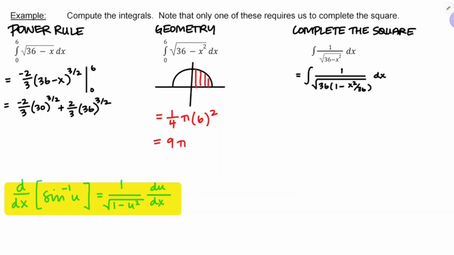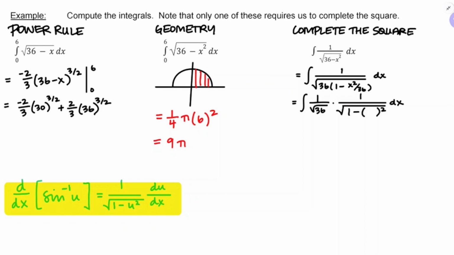So I'm going to have 1 over the square root of 36 factored out from 1 minus x squared over 36. Then I'm going to apply a radical property. That's going to be 1 over the square root of 36 times 1 over the square root of 1 minus x squared over 36 dx.